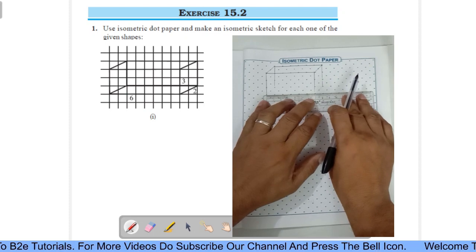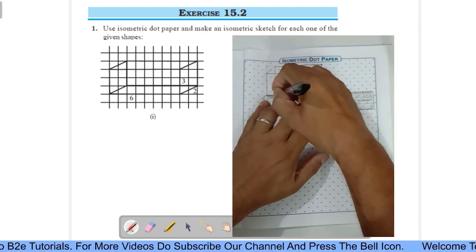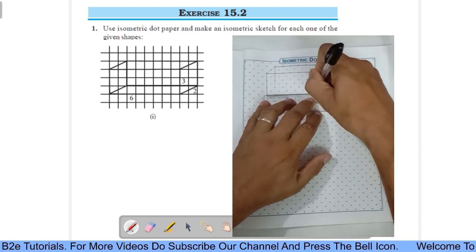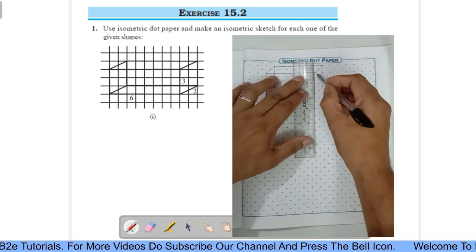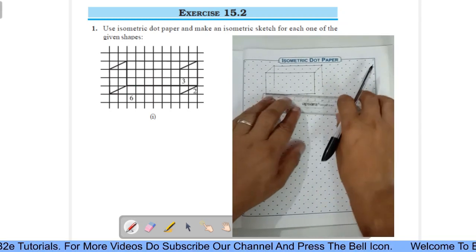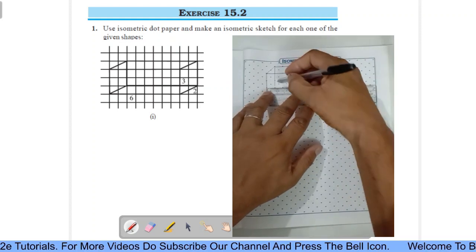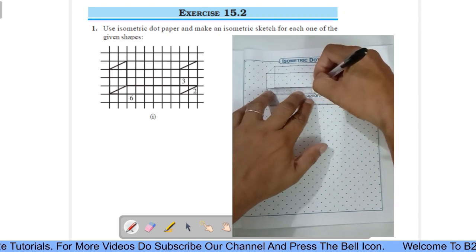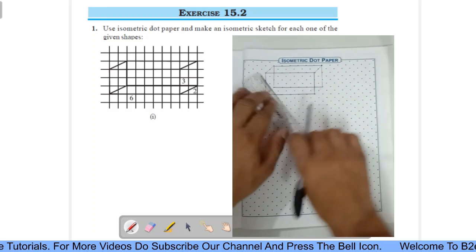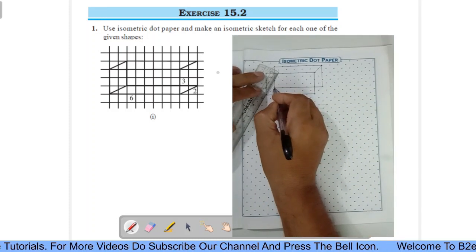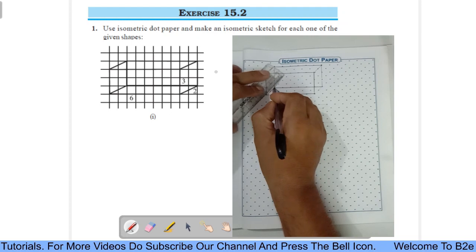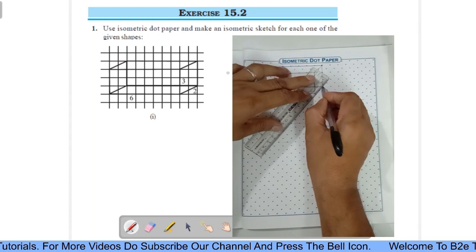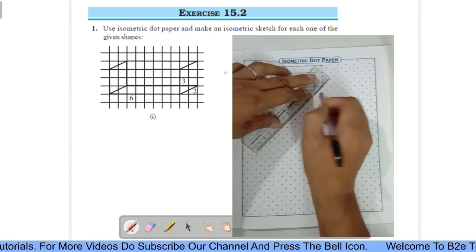It will be 6 dots, that is 1, 2, 3, 4, 5, 6. Then this also 6 dots. Then join this. It is 2 dots, that is 1, 2. Here again 2 dots, 1 and 2.